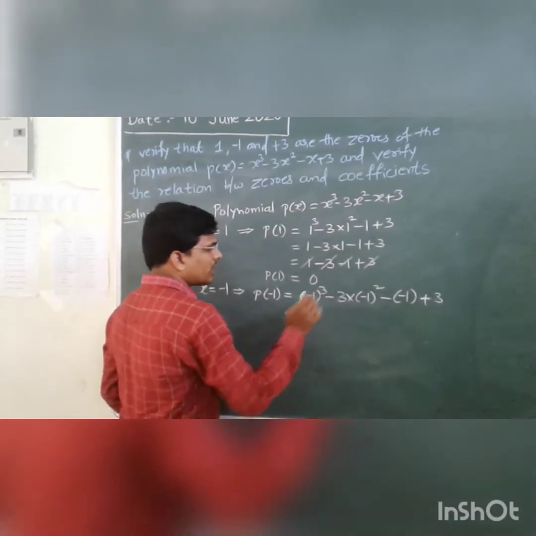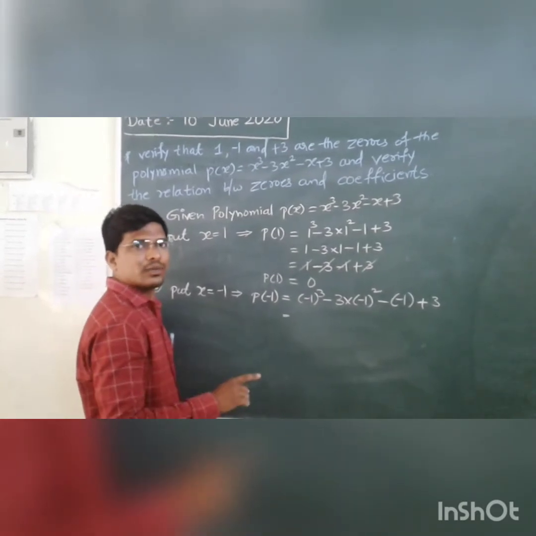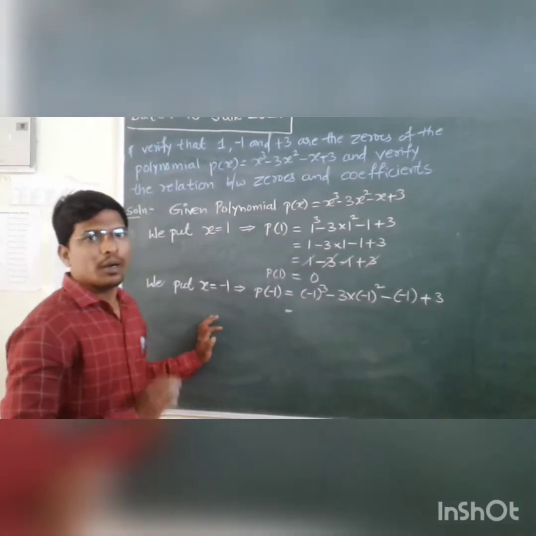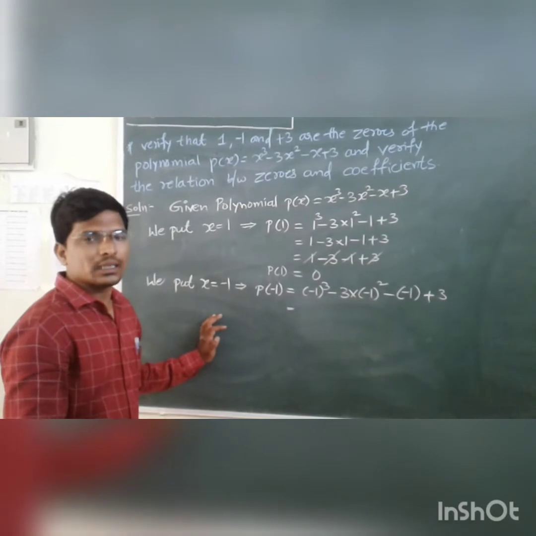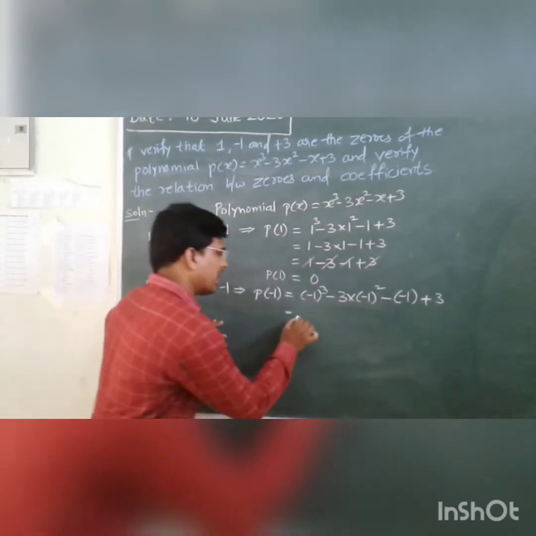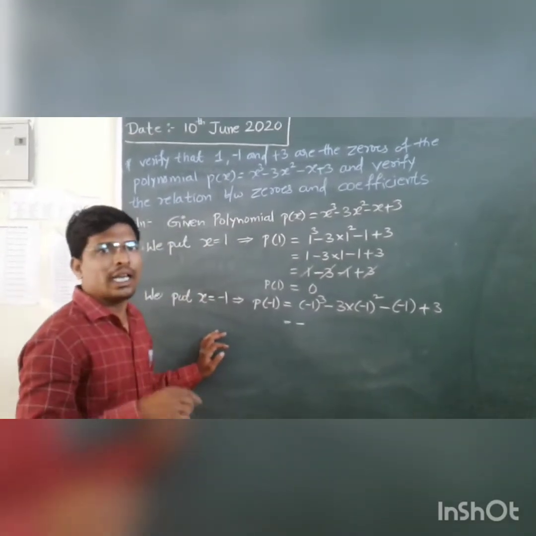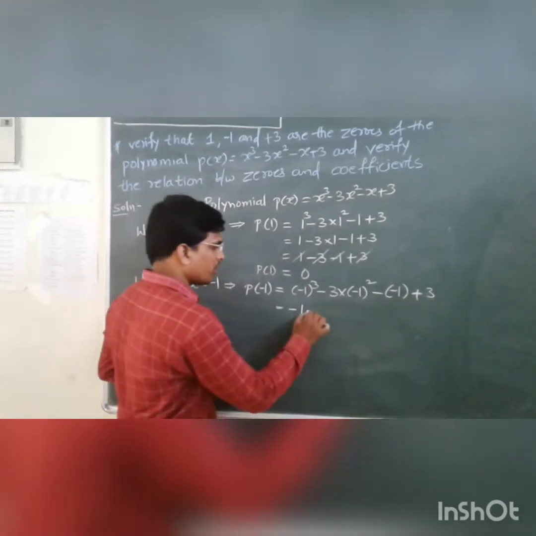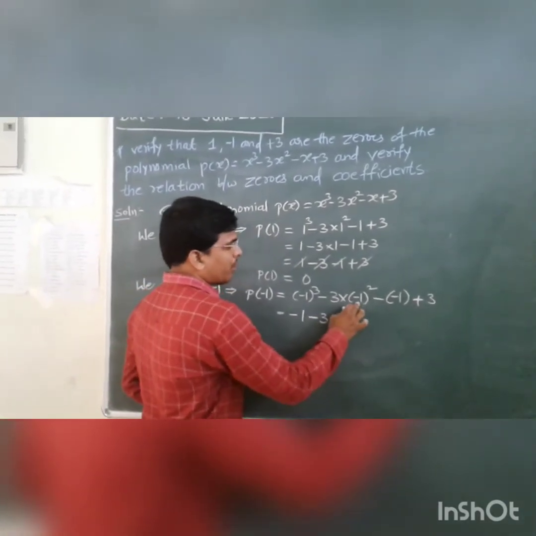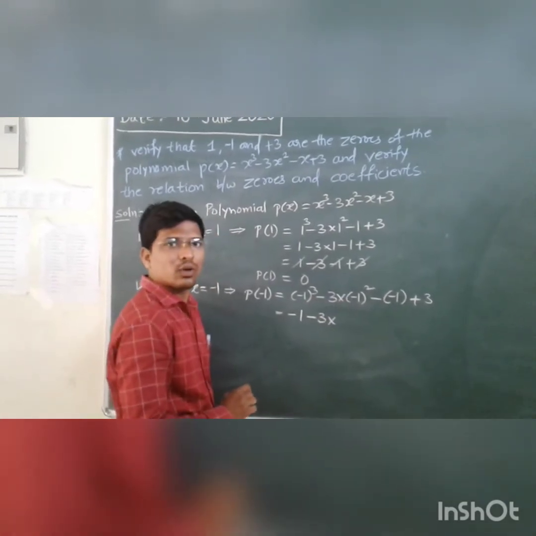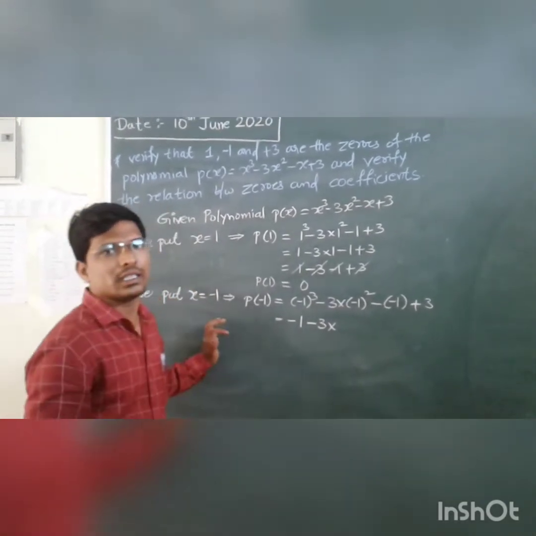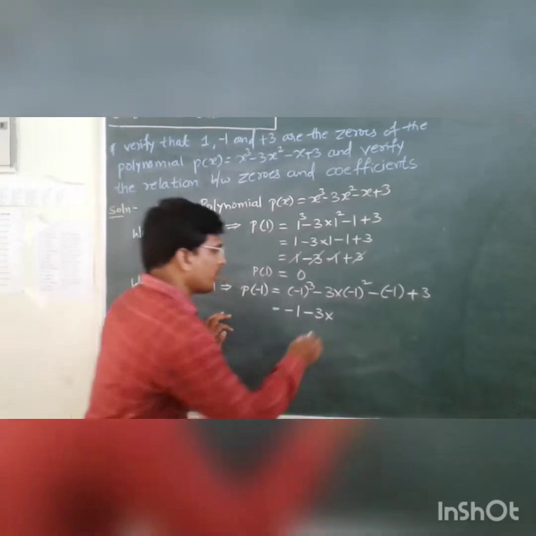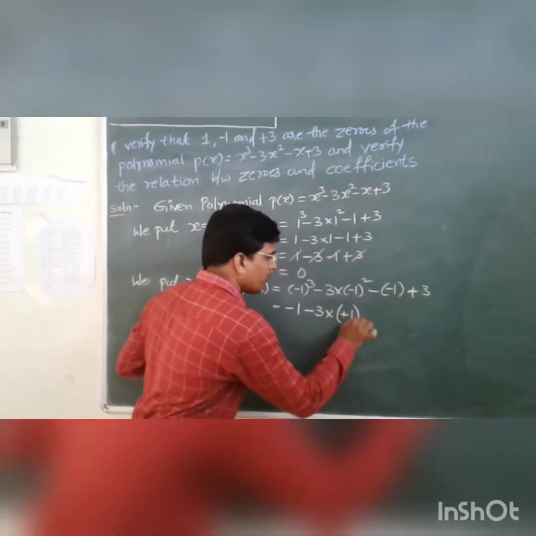So minus 1 whole cube means minus 1 into minus 1 into minus 1. Minus into minus is plus, plus into minus is minus. If you multiply 1 any number of times, you will get 1 only. So minus 3 into minus 1 whole square. Minus 1 whole square means minus 1 into minus 1, minus into minus is plus, 1 into 1 is 1.